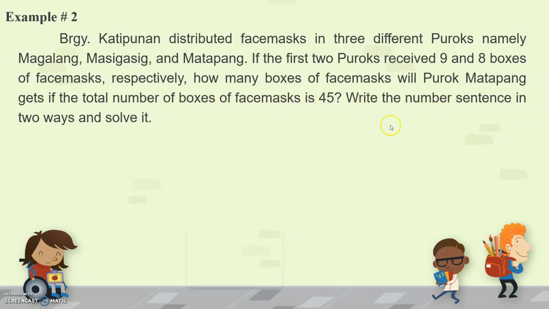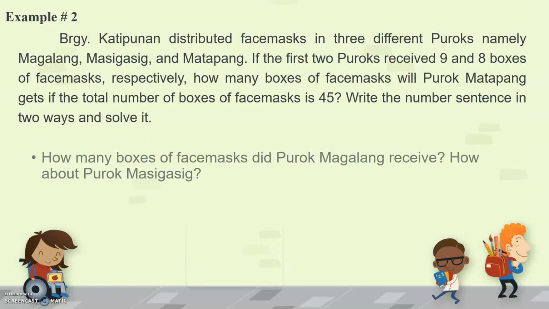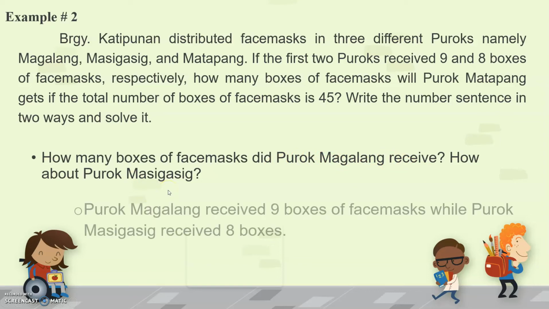Write the number sentence in 2 ways and solve it. So, for question number 1, how many boxes of face masks did Purok Magalang receive and how about Purok Masigasig? So, based on the problem above, Purok Magalang received 9 boxes of face masks while Purok Masigasig received 8 boxes.